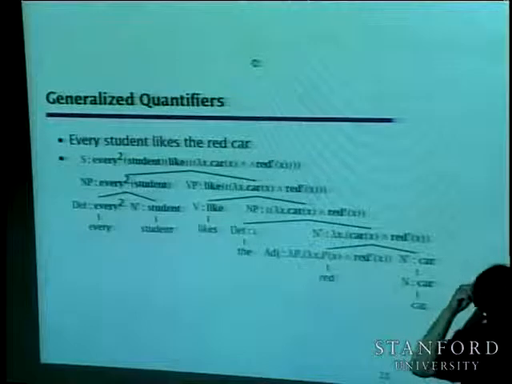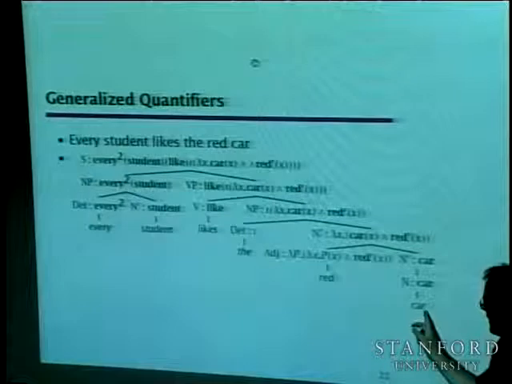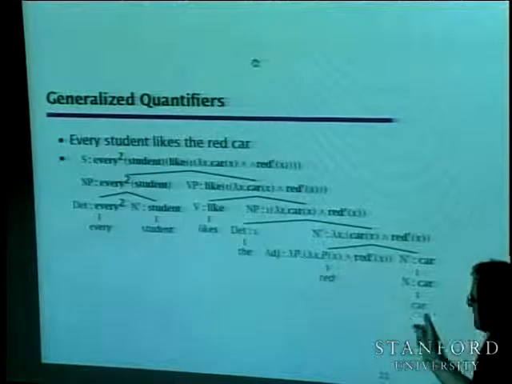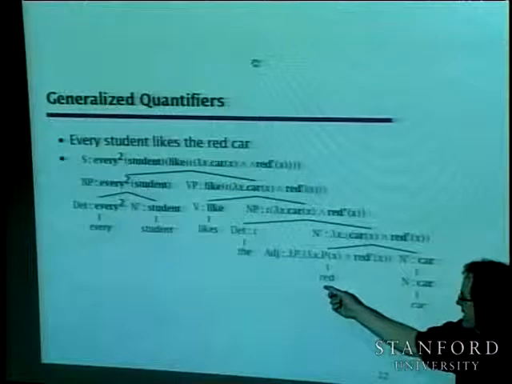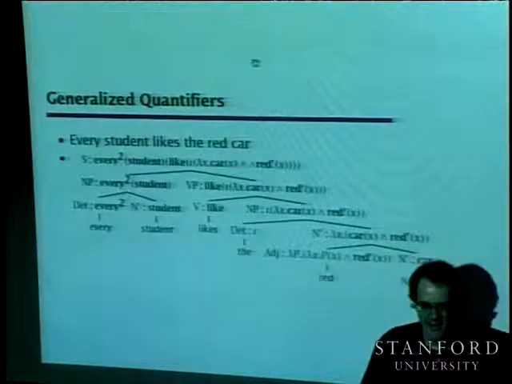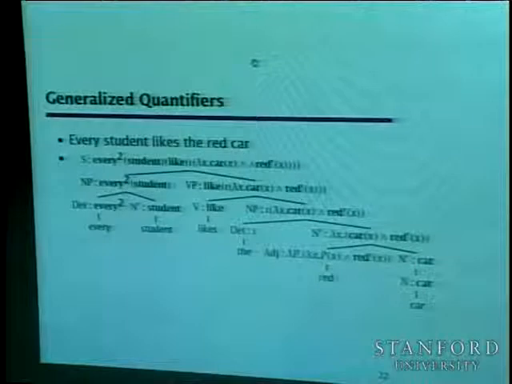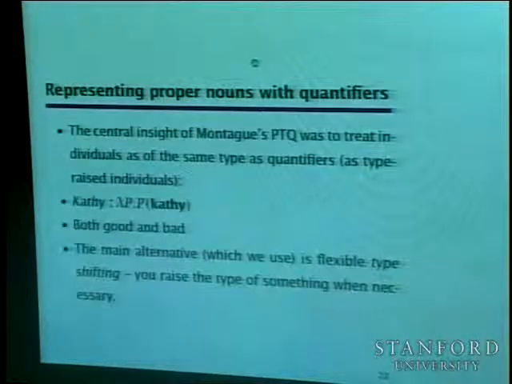Well, then I'm in worse trouble, because if the meaning of every car is something that takes a property and returns a truth value, it seems like I can't combine that with likes at all. So I need to build some more technology to be able to deal with quantifiers.